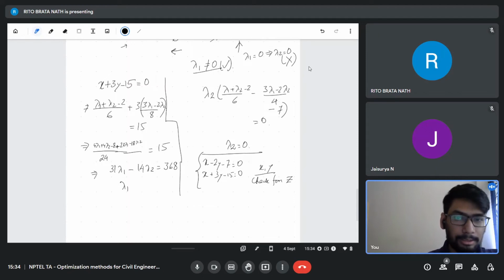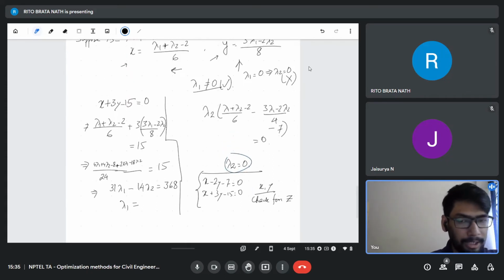So probably in this problem setup, you might find out that lambda 2 equals 0 might be giving you a better solution. And from here, you can get the lambda 1 value. And probably you can plug in and get the correct answer. I may be wrong. Maybe this condition might also be giving you a higher objective function value. But that you have to check for.